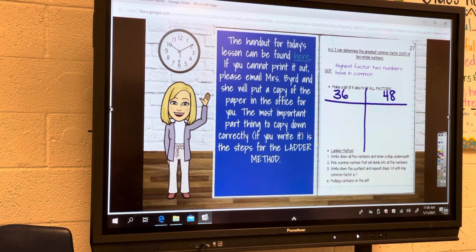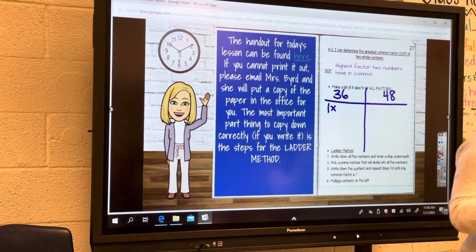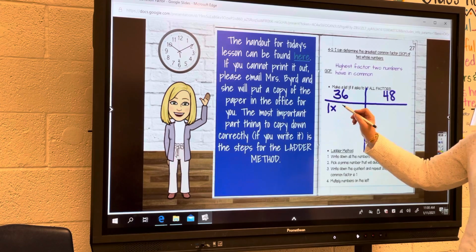If you remember from Thursday, when we list all the factors, we have to list what we multiply each one by, okay? So, 1 times what is 36? 36.